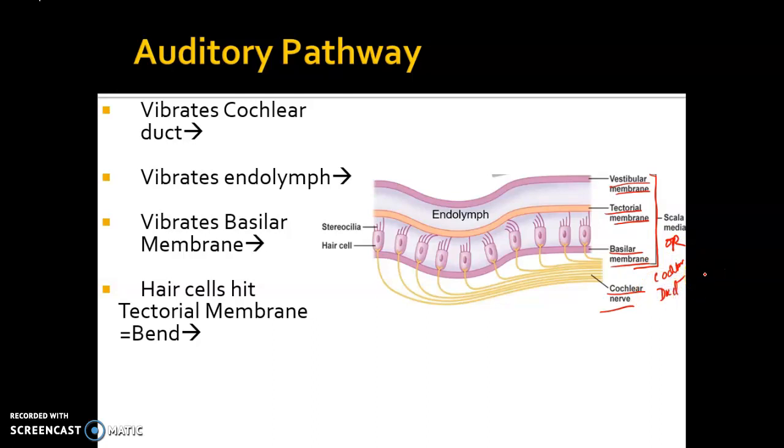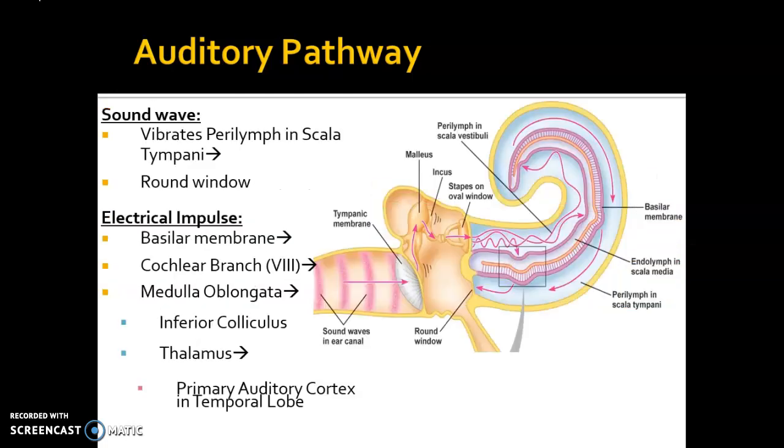Alright, now the idea is as the basilar membrane vibrates, the hair cells vibrate, and the hair cells hit the tectorial membrane in orange and they bend. As the hair cells bend, that stimulates an electrical impulse in the form of an action potential.